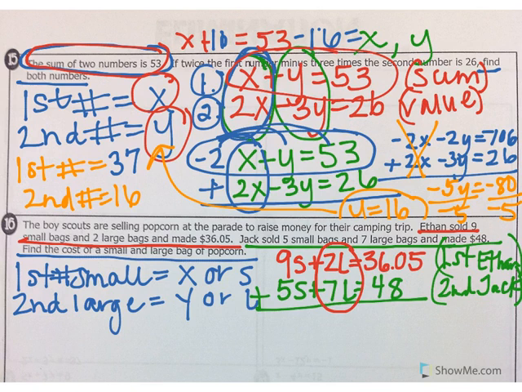So I want to make the top a negative 14 and the bottom a positive 14. To make the top a negative 14, I'm going to multiply by negative 7. To make the bottom a positive 14, I'm going to multiply by a 2.